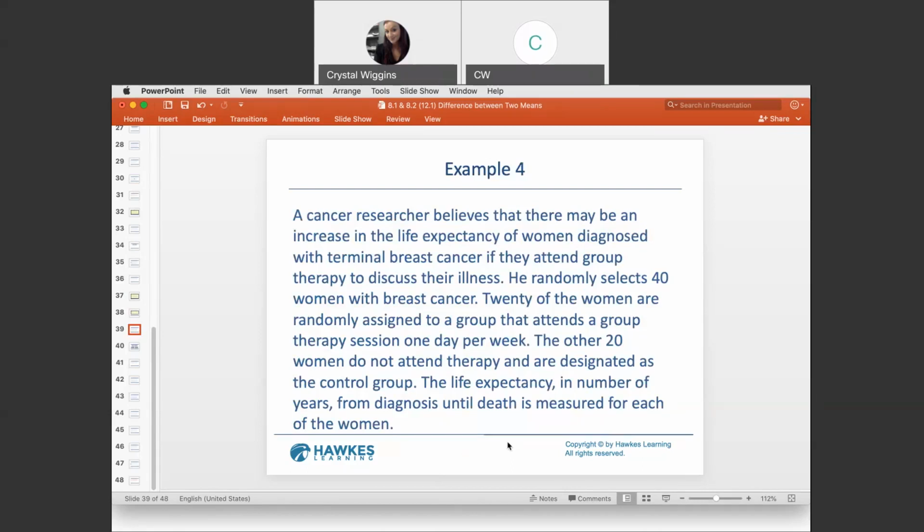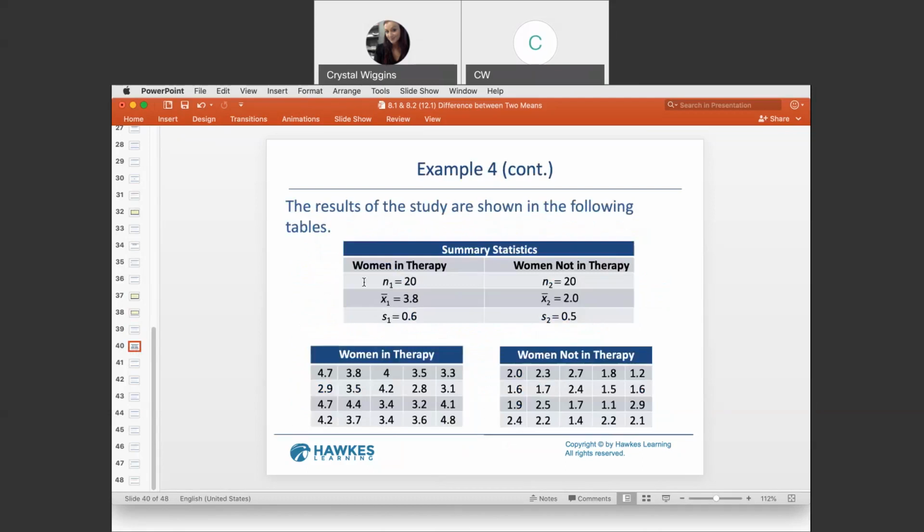The life expectancy in number of years from diagnosis until death is measured for each of the women in the study. So we have women in therapy and their stats, and women not in therapy and their stats. And we actually are given the individual data sets as well.